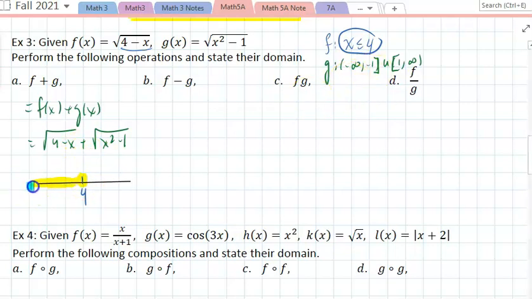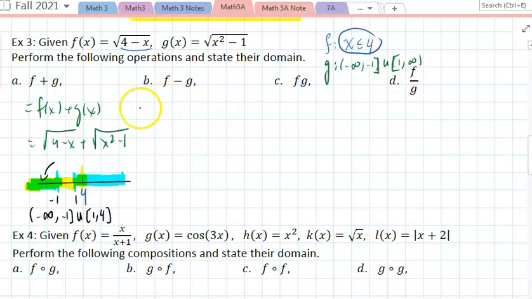Negative infinity all the way to negative 1, and 1 all the way to infinity. So what you're looking for here is the overlap, which is the green. So that would be the solution set: negative infinity to negative 1 included, union with 1 to 4 included. And that would be the domain.